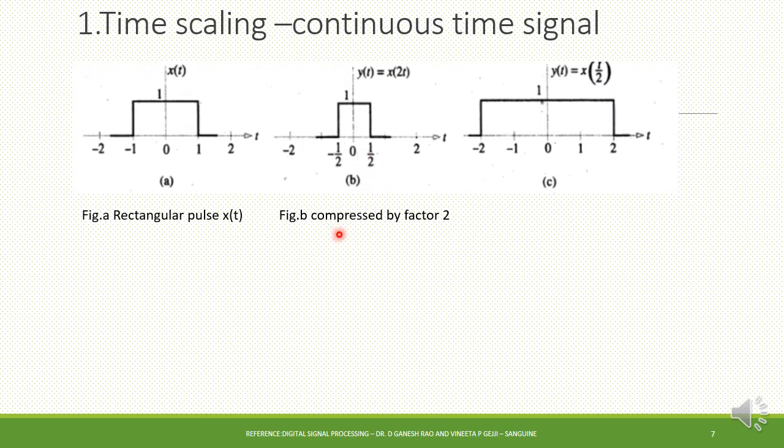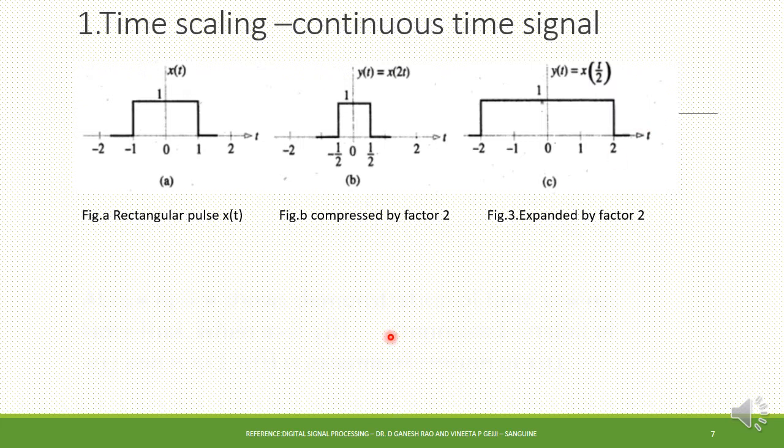If we compress it by a factor of 2, the width is decreased. This is figure 2. And figure 3 is expanded by a factor of 2. Let us see how this happens.